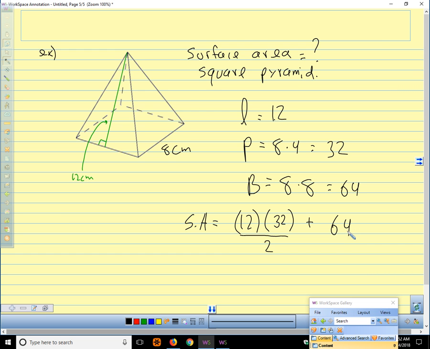Now be careful. We only divide this first part by 2, not the whole thing. So we do this calculation separately and then add 64. So 12 times 32 divided by 2 is 192 plus 64, and we get 256, and my units would be square centimeters. So that's my surface area.